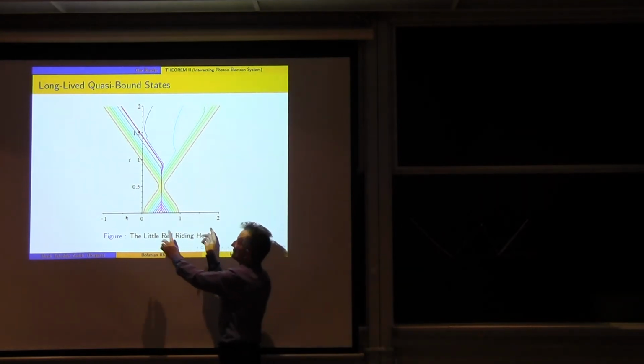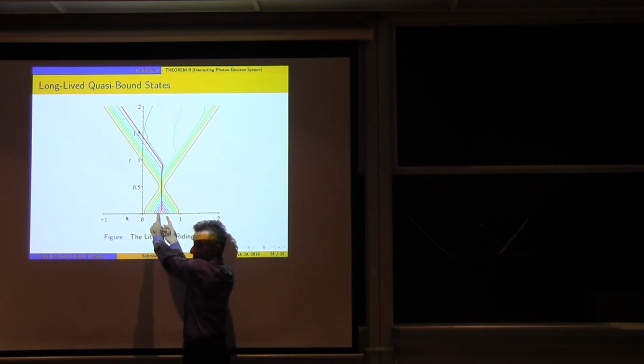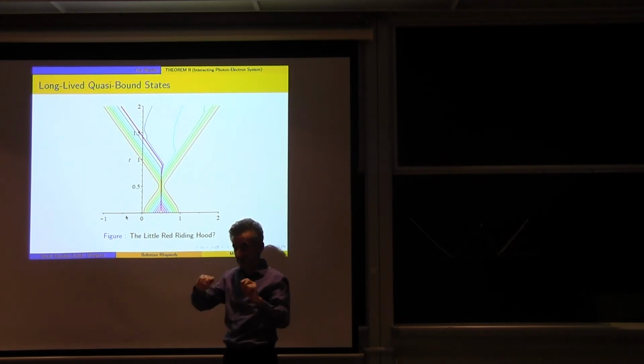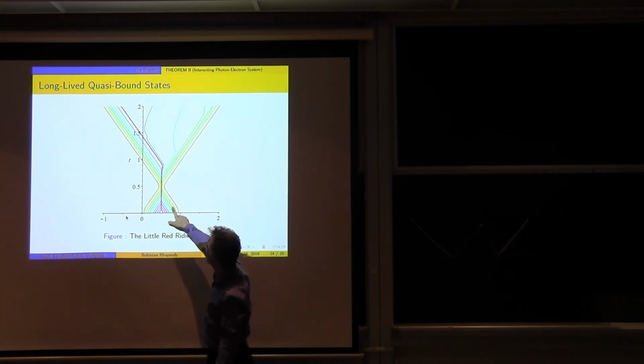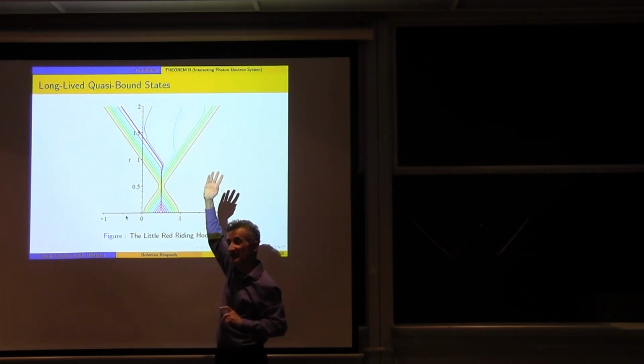What happens if you start with initial positions that get closer and closer to each other? Let's take the same wave function and just bring the initial positions closer to each other. And what we see is that they tend to spend more and more time together before parting ways.